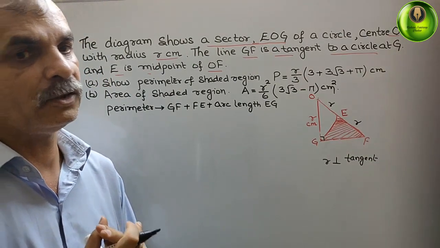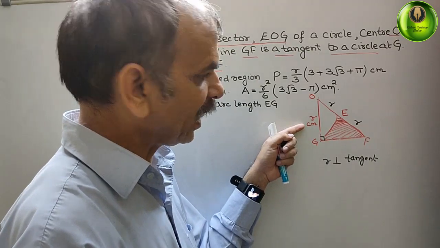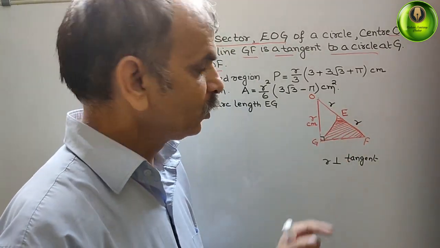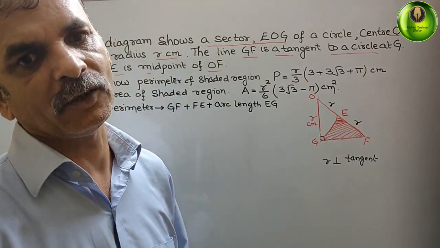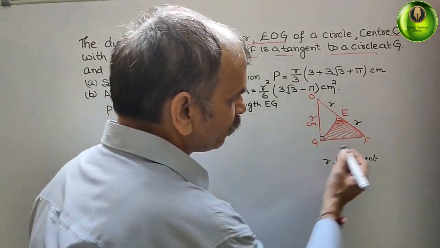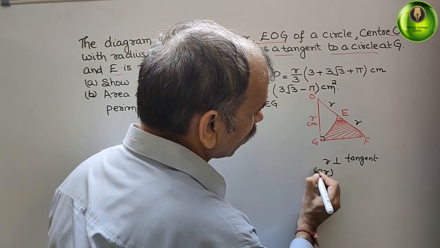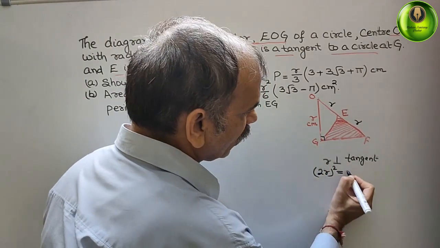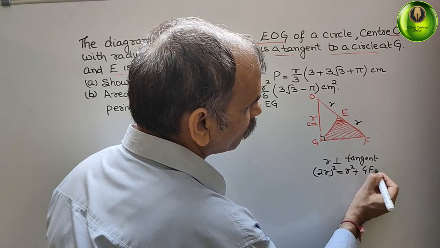How we will find it out? Now you can say this is 90 degrees. This is r. O to F is 2r now. So what is GF? By the Pythagoras theorem we will find it out. The Pythagoras theorem states that hypotenuse square, that means 2r square is equal to r square plus GF square.